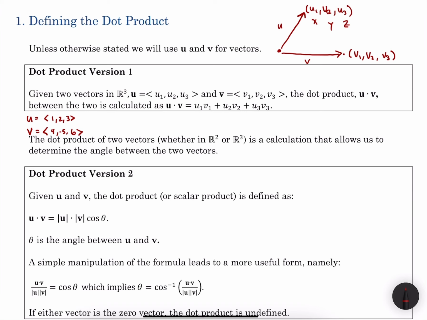So our dot product u times v is going to be 1 times 4 plus 2 times -5 plus 3 times 6. So that's just 4 minus 10 plus 18, which is 22 minus 10, so 12. Our dot product would be 12.